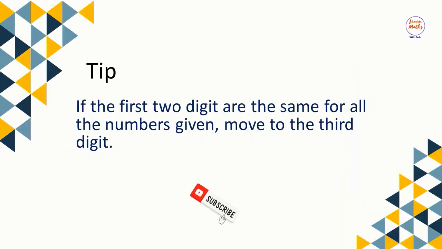But now, if the first 2 digits are the same for all the numbers given, move to the third. So if you have the first 2 digits being equal, maybe you have something like 898, 896, 894, 890. All you have to do is move to the third digit, and then if the first 3 digits are still the same, you move to the fourth digit.